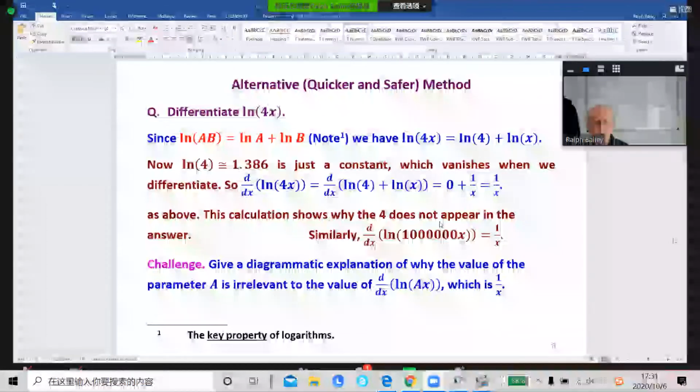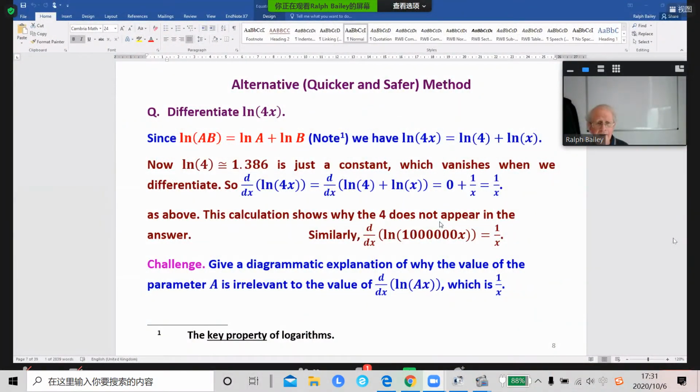But log 4 is just a pure number, it's about 1.4. And when you differentiate, therefore, it vanishes. And that's why the answer is just 1 over x. It's not 1 over 4x. And whatever value you put up here, a trillion or something, log of a trillion x differentiated with respect to x is just 1 over x.